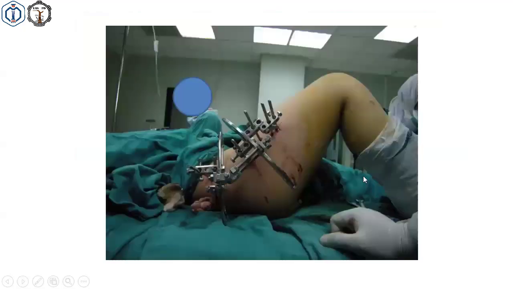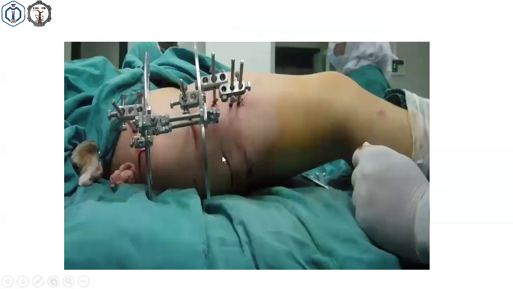We did it before in the sawbone model, but actually we have it on the table in the operating room. This is a condition in flexion, and this is a condition in extension. It is very nice and good to have this, and we can find that the hinges are collinear with the hip joint movement.